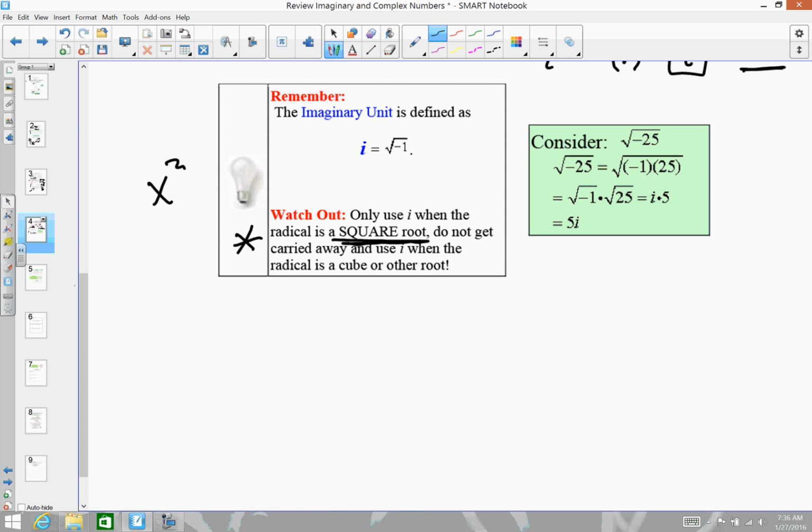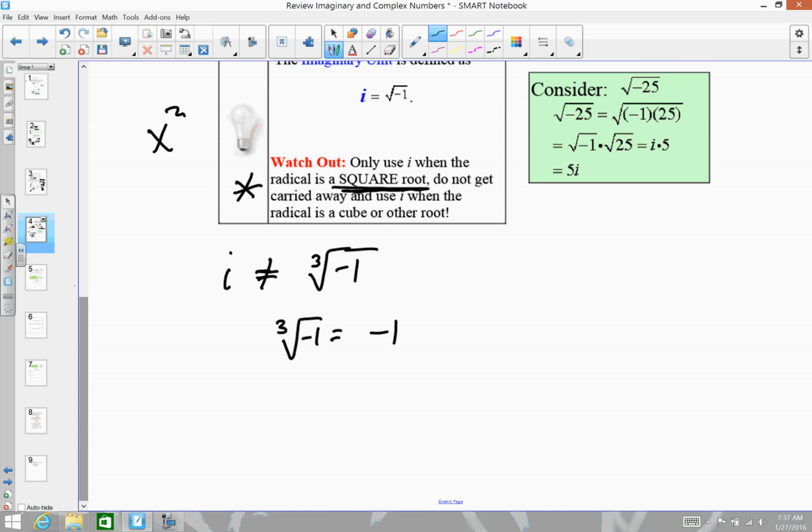You only pull out the square root of negative 1 and let it equal i. You cannot do this, so i will not equal the cube root of negative 1, because in fact the cube root of negative 1 equals negative 1. Do not mix these up. So if you're working with cube roots, do not try and pull out an i from there.